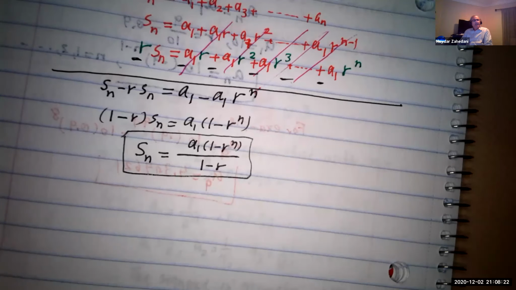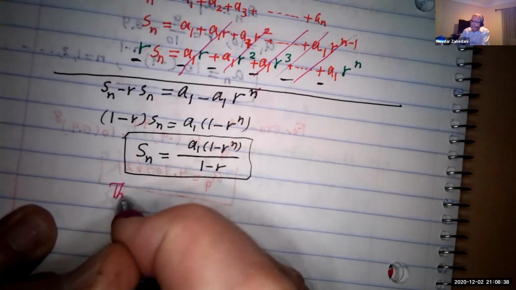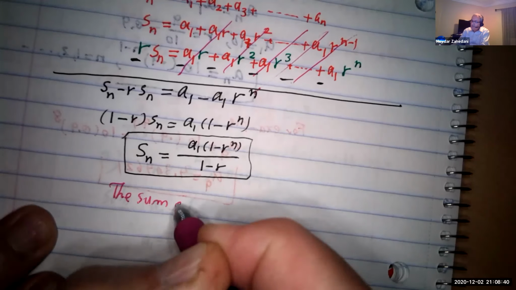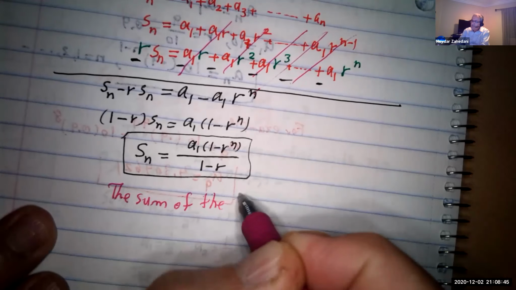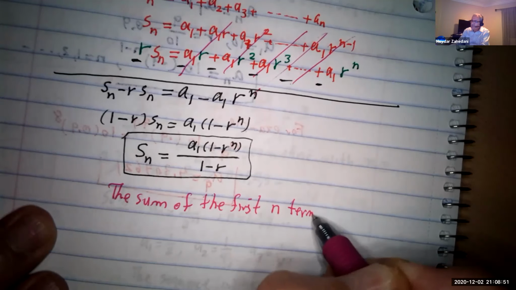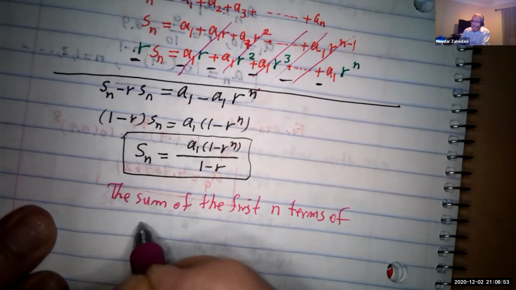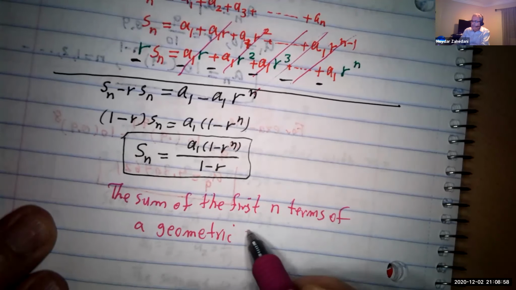This is the sum of the first n terms of a geometric sequence.